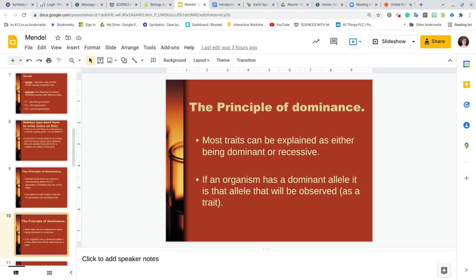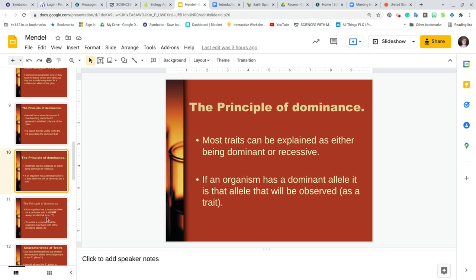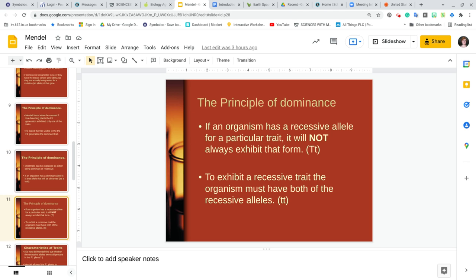Most traits can be explained as being either dominant or recessive. If an organism is dominant, that is the allele that will be observed. Brown eyes. If an organism has a recessive trait, it will not always show it. Talked about that. I am carrying the trait for blue eyes. I know this because my father has blue eyes. I can prove it because my daughter has blue eyes.